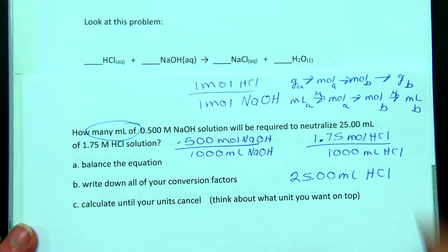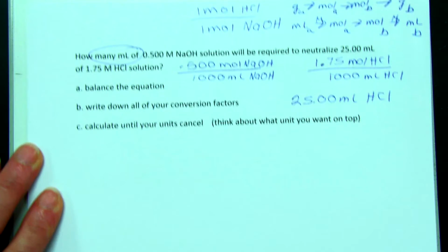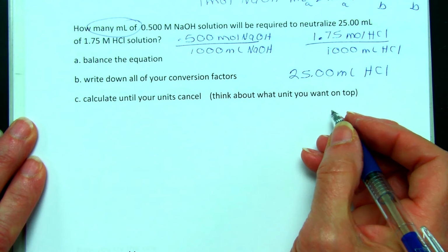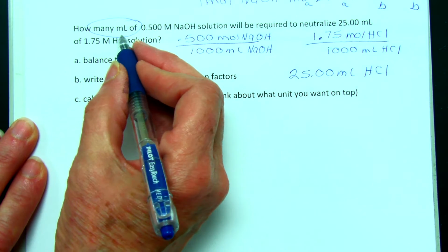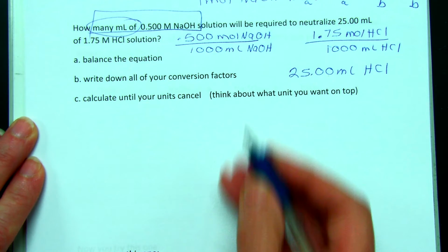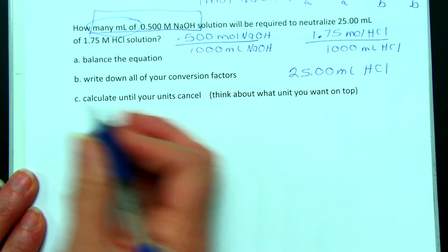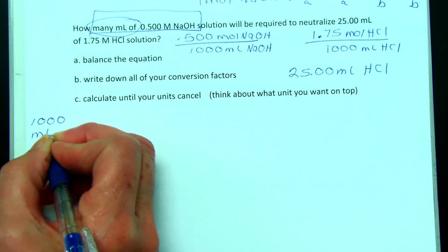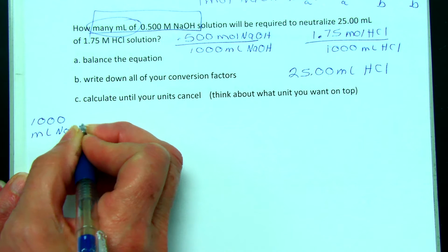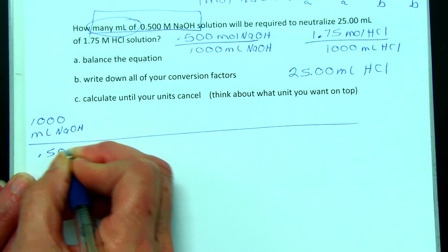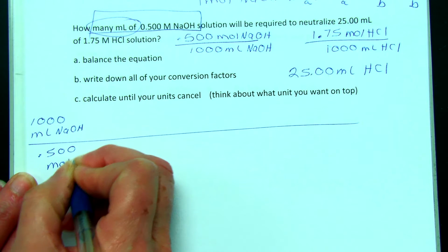But I think in these molarity problems especially, it helps to start with what you want. So what we want is milliliters of sodium hydroxide. This is the unit I want for my answer. So I'm going to start with that on top. 1,000 milliliters of sodium hydroxide contains 0.500 moles of sodium hydroxide.